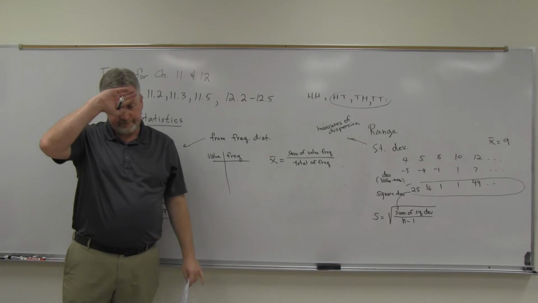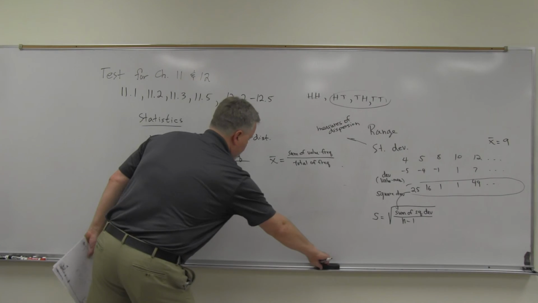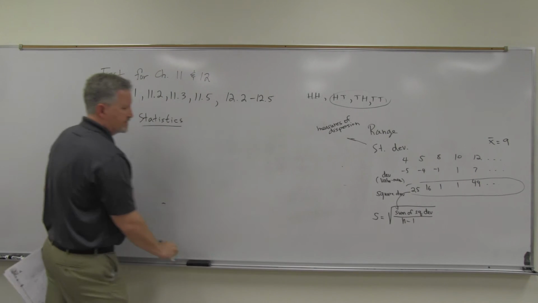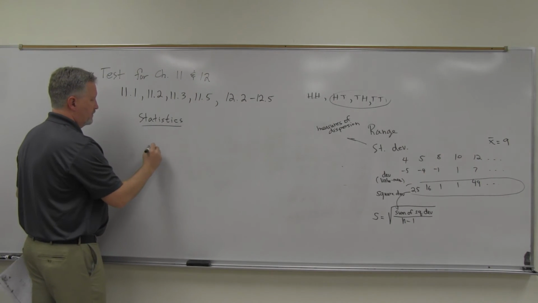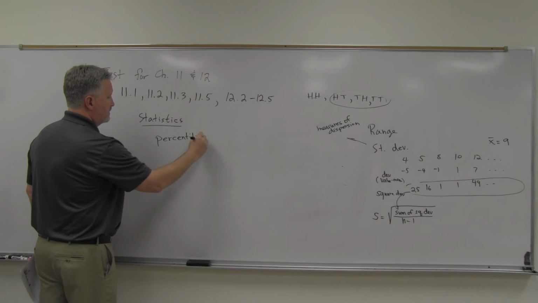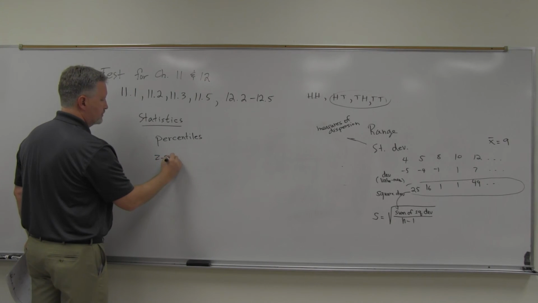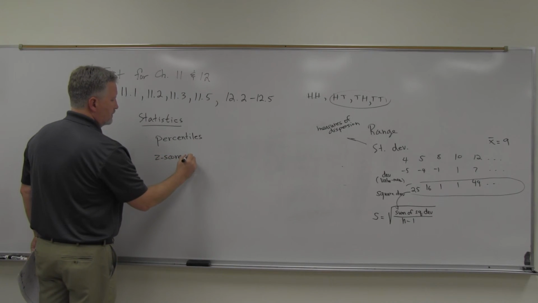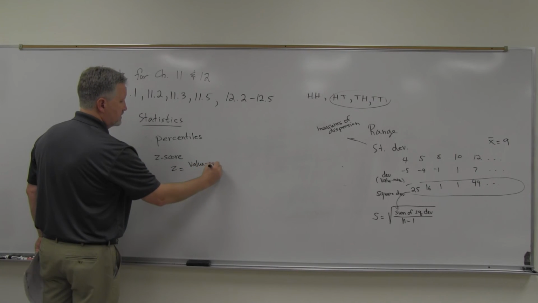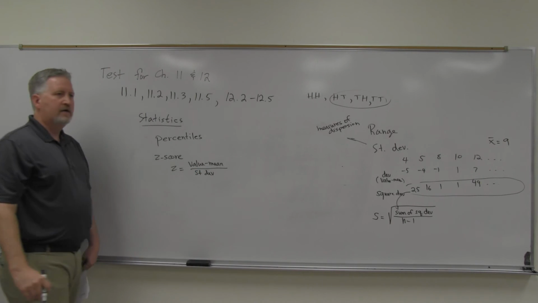Moving on, 12.4 was measures of position. We talked about the percentiles, make sure you know those, and then the z-score. Z equals value minus mean, divided by standard deviation, is the z-score.